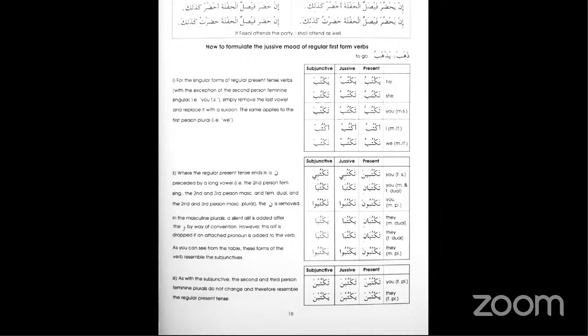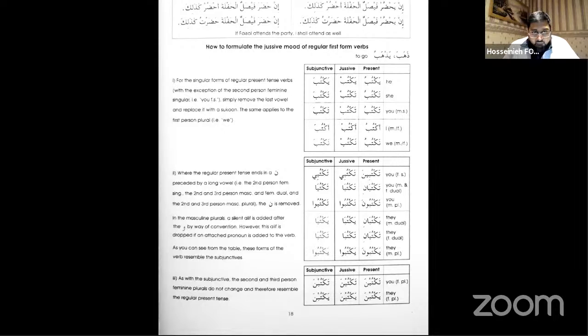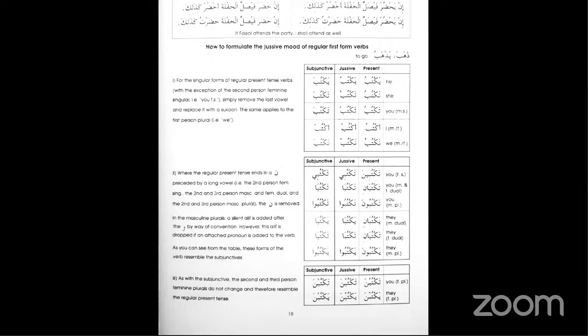Lan yaktubu, they will never write. Excellent. And lan taktubna, you will never write for a female plural, and lan yaktubna, they will never write for feminine plural.